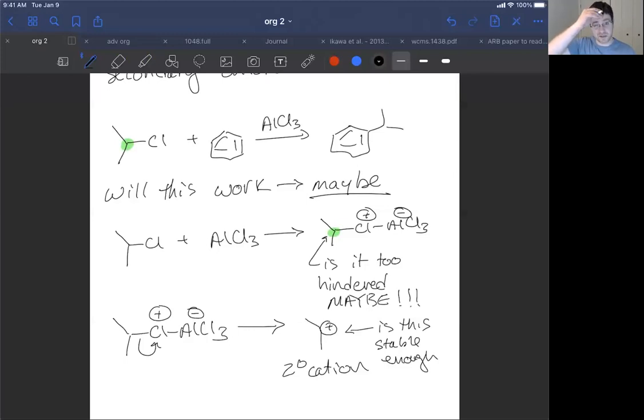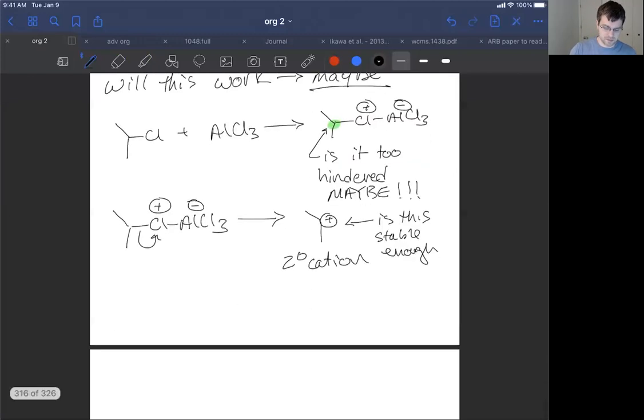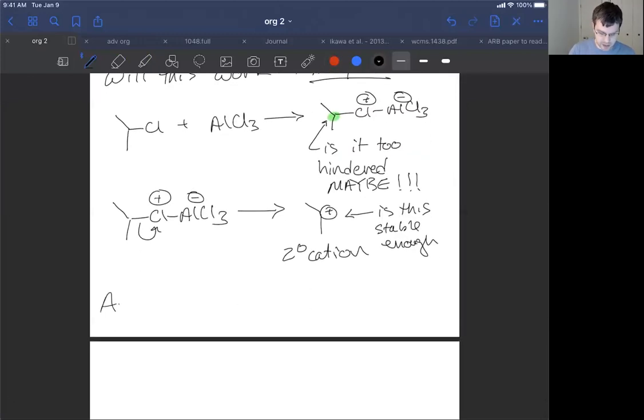The answer is a definitive maybe. What I want us to focus our attention on instead is another interesting issue that emerges with some secondary chloroalkanes, and that's the issue of electrophile rearrangements.